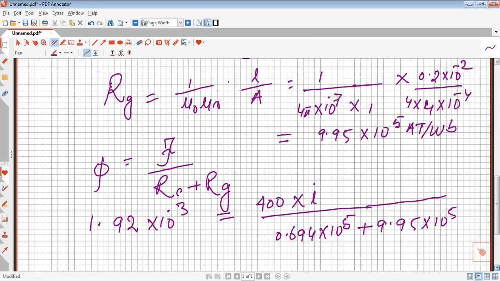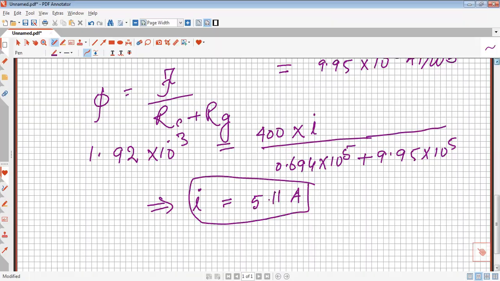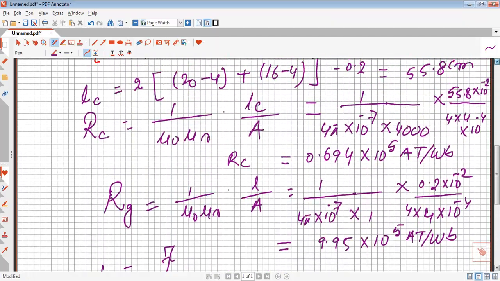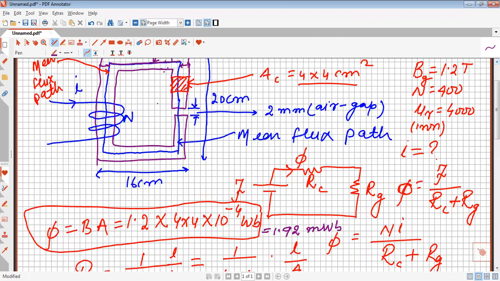So everything is known here. Solving this, we will get the value of current I, which is equal to 5.11 ampere. So if we give this much current, 5.11 ampere, we will get 1.2 Tesla flux density in the air gap.